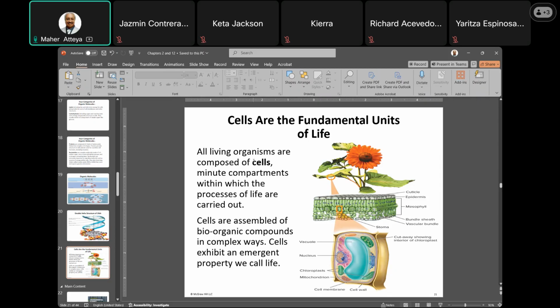The word cell means a minute compartment within which the processes of life are carried out. And you can see those amino acids sticking up with their non-polar part, and coming down with their polar part.